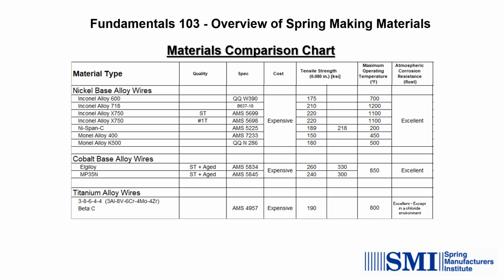This chart is for nickel base, cobalt base, and titanium alloy wires. Materials are shown by the same categories.